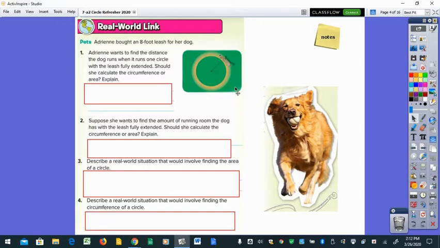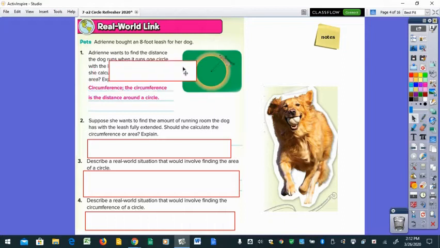So if you want to find the distance that the dog would run with that leash fully extended, would you want to find the circumference, or would you want to find the area? So remember that the word circumference means perimeter, and that's what the dog is doing with that leash fully extended. So in this case, Adrian would want to find the circumference.